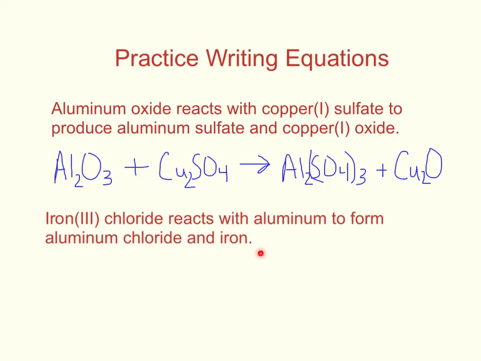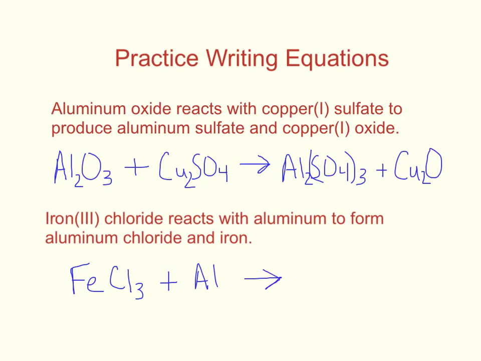So iron 3 chloride is Fe, and then chloride is Cl. The 3 is the +3 charge on iron. Chlorine has a -1 charge according to the periodic table, so it's FeCl3. Reacts with just plain old aluminum. And notice I didn't put gases or solids or anything like that in here.